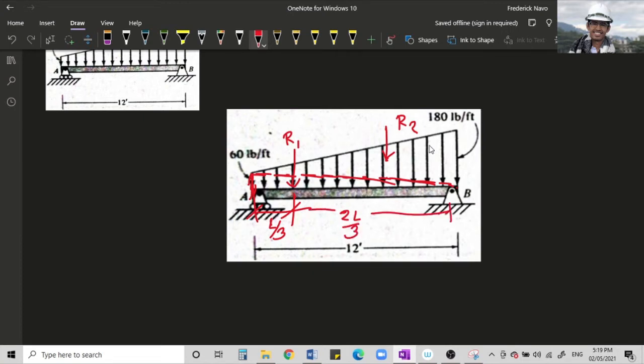And for our R2, measuring from point B, that will be equal to L over 3 also. Right? So, let us take the two, R1 and R2. And from R1 and R2, we will actually get our resultant, our resultant R. So, maybe it acts around here. Okay? So, here. This is our R, our resultant R.